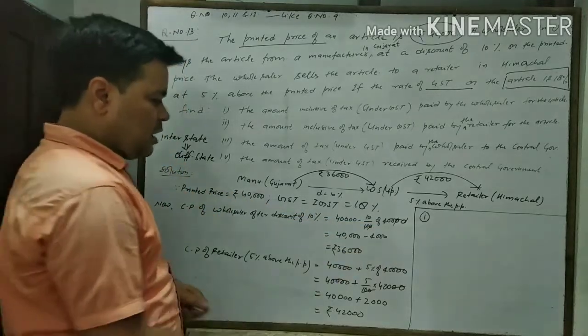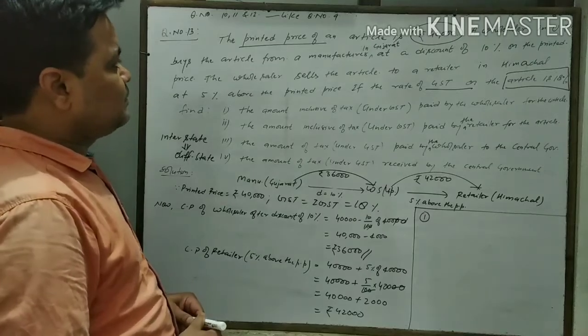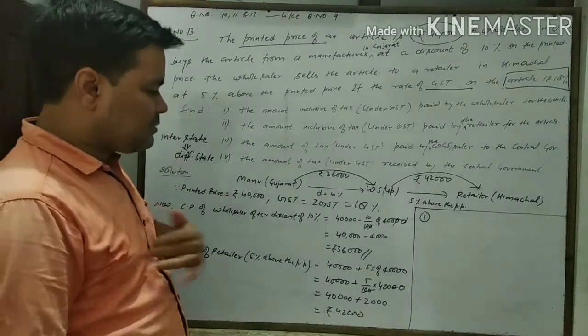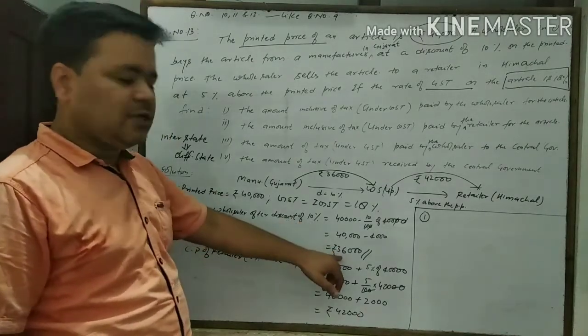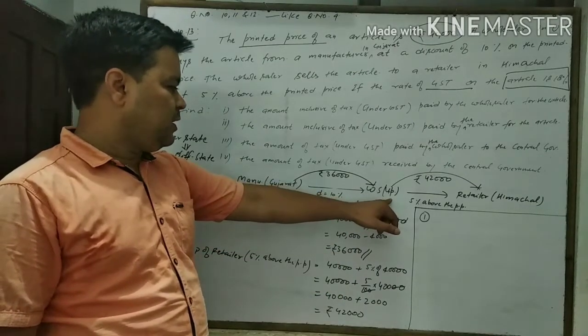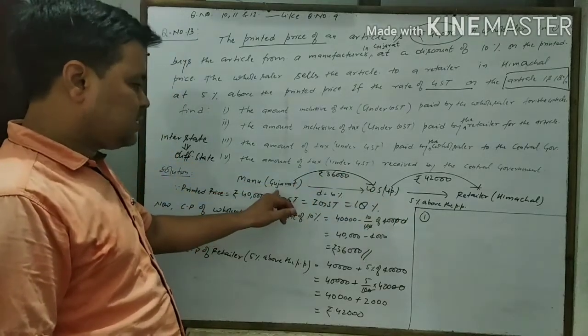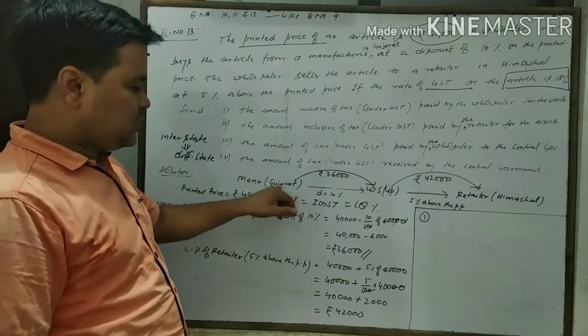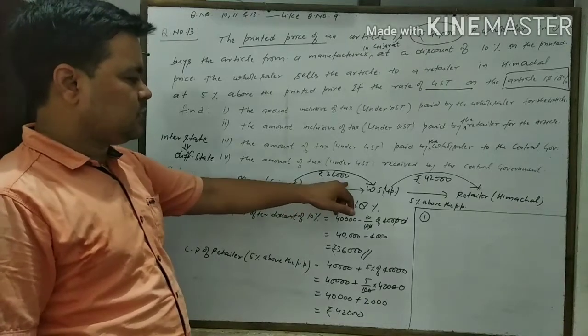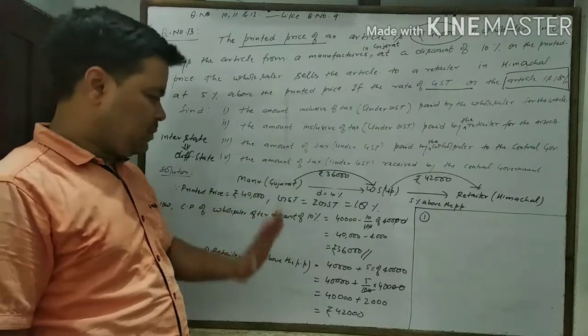After calculation we find that the cost price of the article after the discount of 10% will be 36,000. It means the wholesaler in UP buys from the manufacturer company in Gujarat at 36,000 rupees after the discount of 10% on the printed price.